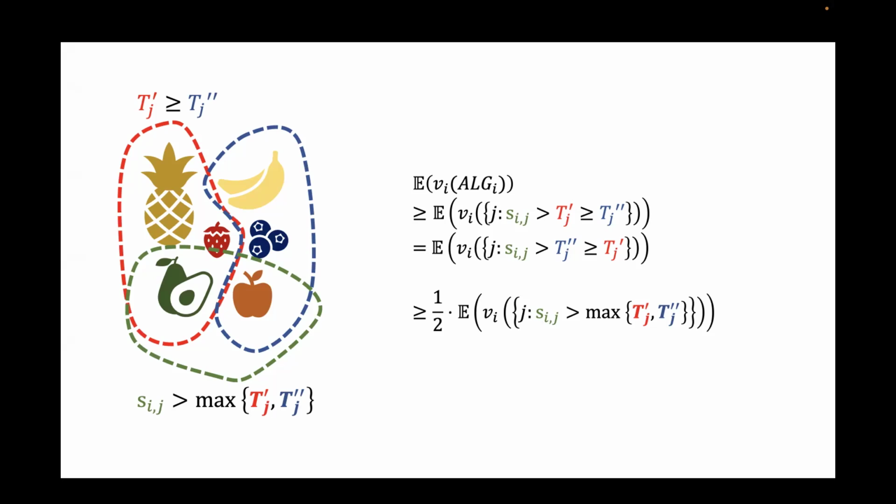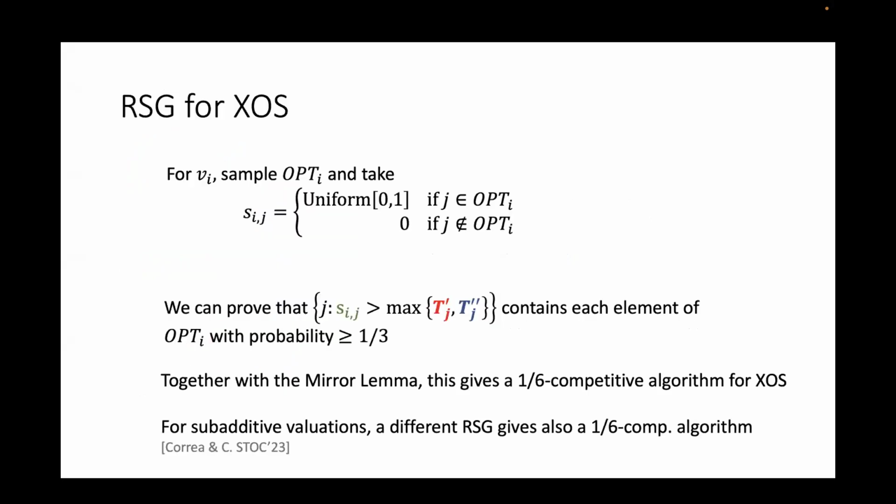If the score is large enough, the agent will get this set, but only using this 1/2 factor. And notice that this doesn't require anything about how I define these random score generators. I haven't used anything about it, just that they are a number per item.